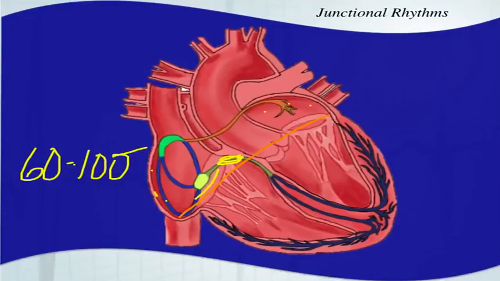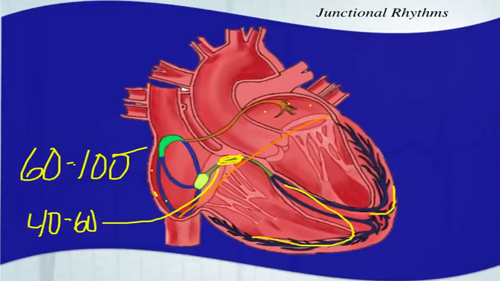The AV junction has an intrinsic rate of about 40 to 60. And then the ventricles, the Purkinje fibers, also have their own intrinsic rate. So there's a backup system there. If one of them fails, the next one could potentially take over. But it can also escape. These other areas that have automaticity can also take over when they shouldn't necessarily take over.